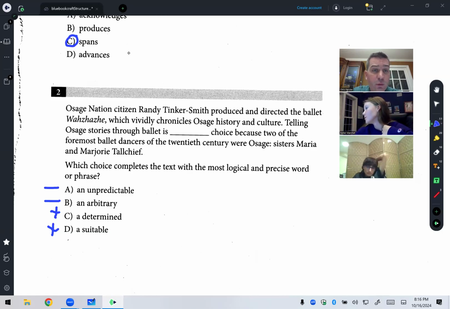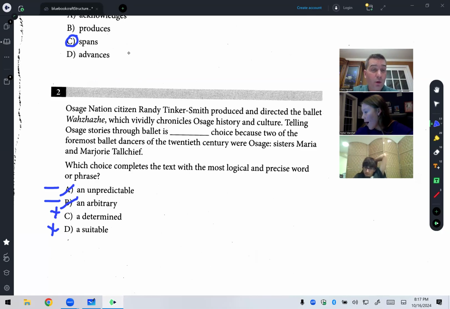Telling Osage stories through ballet is a blank choice because two of the foremost ballet dancers of the 20th century were Osage, sisters Maria and Marjorie Tallchief. If we read either of the negative words into the blank, neither of them would make any sense. We immediately eliminated 50% of the answer choices, which is great.